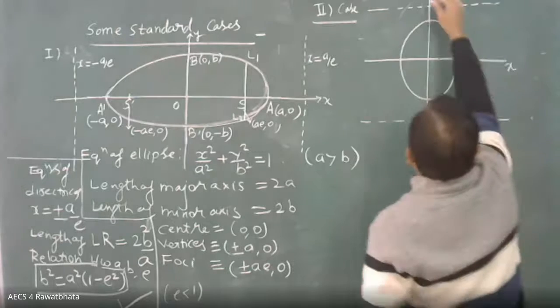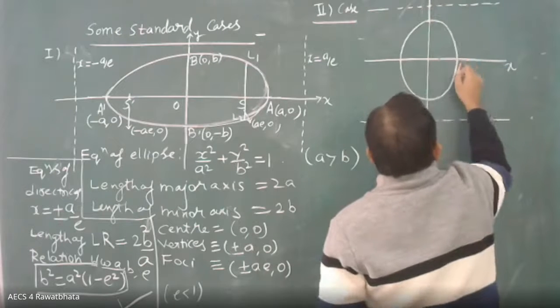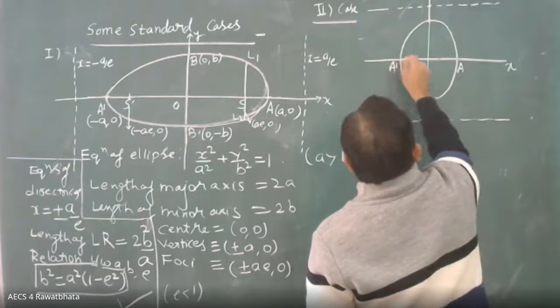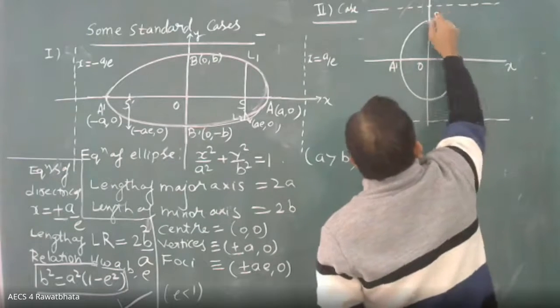This is x-axis, this is y-axis, this is A, this is A dash, this is O, this is B, this is B dash.